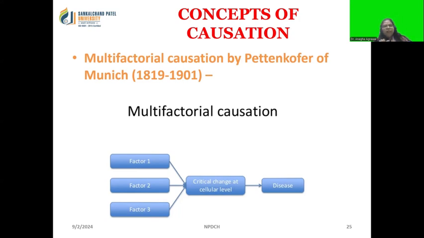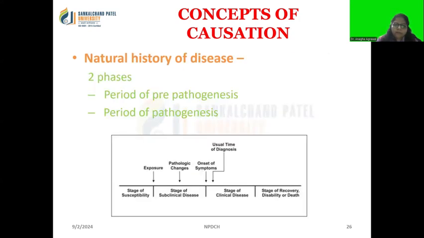That is one of the irritating factors, and alcohol and cigarette, they are another irritating factor for his tongue. That's why he has developed the disease. So like this, multiple factors are there and they're working in tandem to cause that particular disease. That is the explanation of multifactorial causation by Betancourt of Munich.